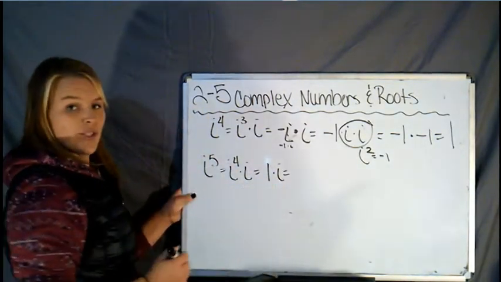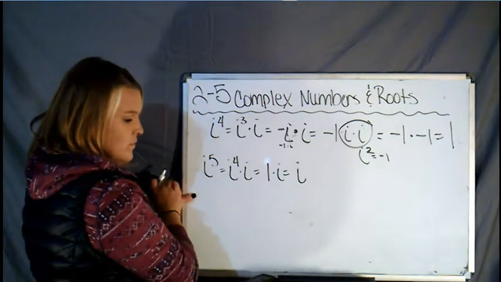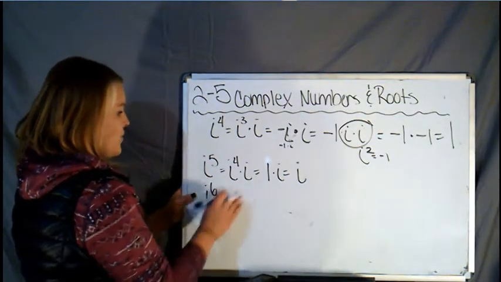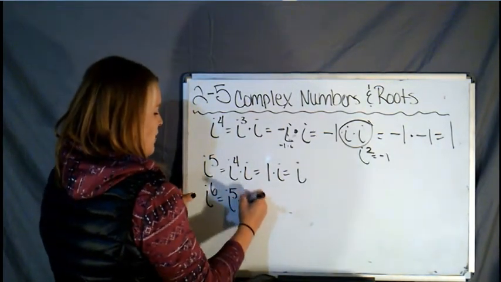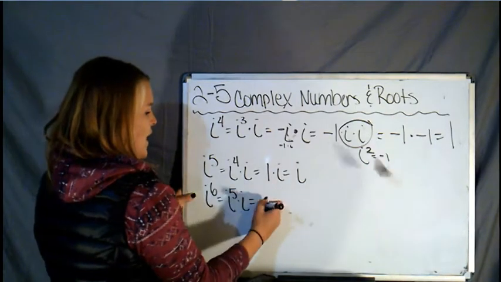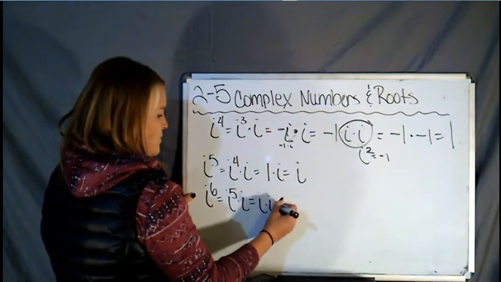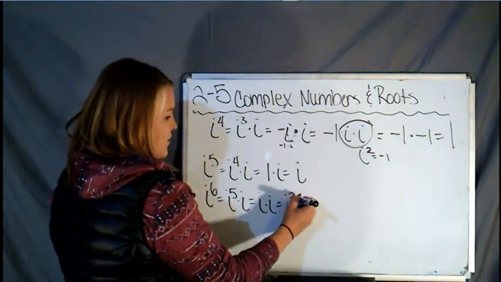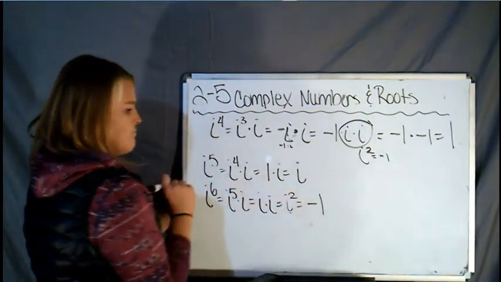So i to the 5th is just equal to i. i to the 6th. Well, I know what i to the 5th is, so this would be i to the 5th times i. i to the 5th is i, times i. i times i would be i squared, which is equal to -1.